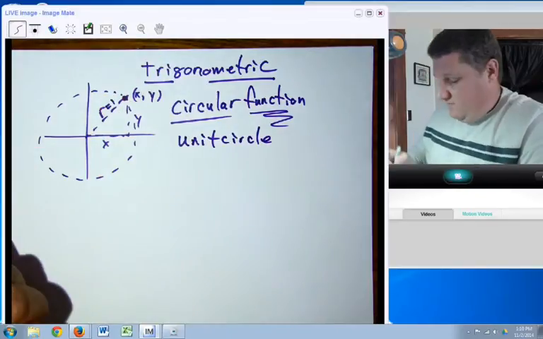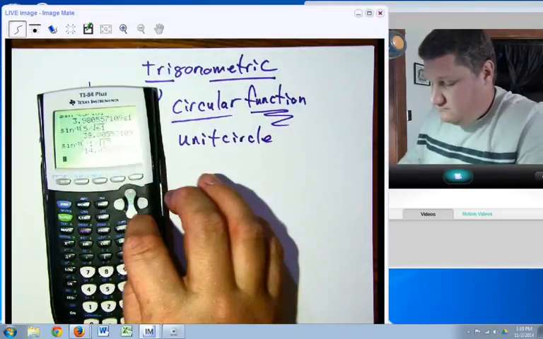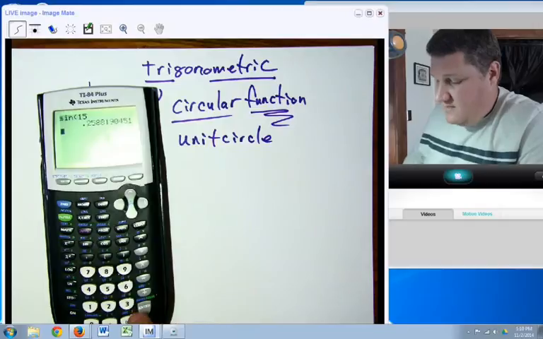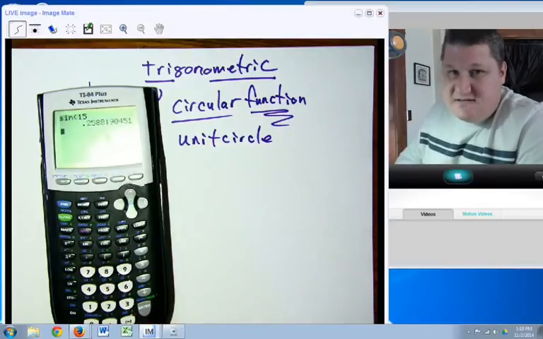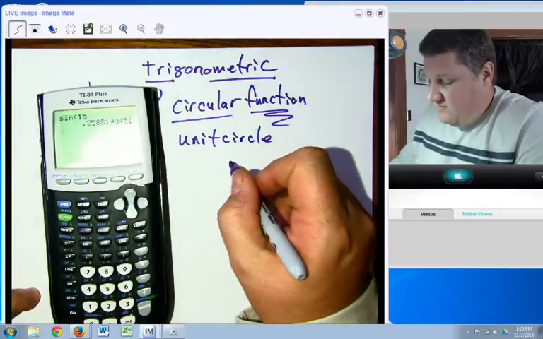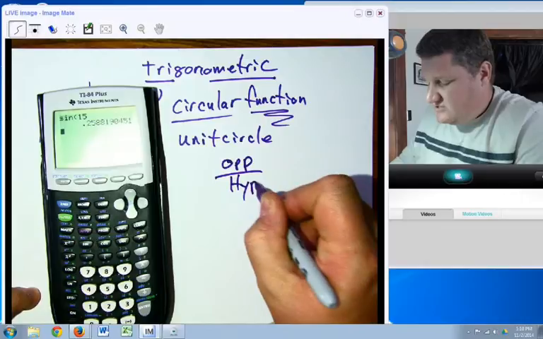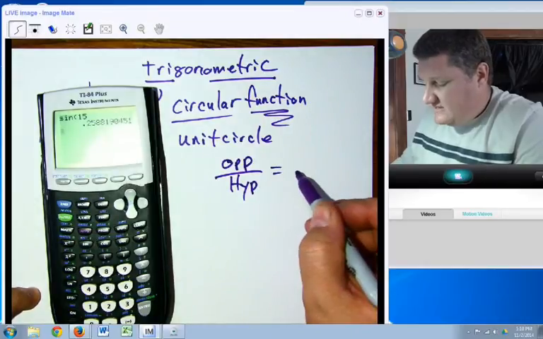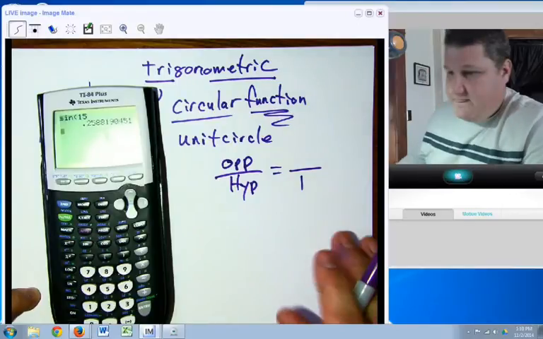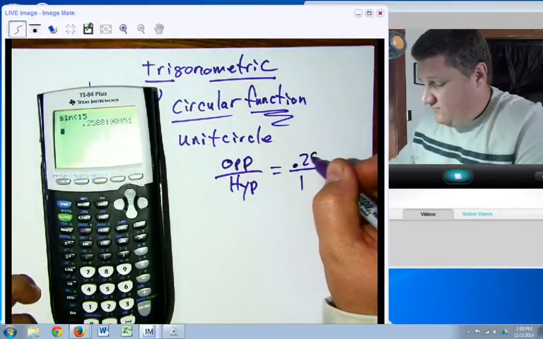And that's why when your calculator spits out sine of 15 degrees, you'll notice it's always a decimal. Because what it's saying is, whatever the opposite side is over the hypotenuse, since the hypotenuse is always equal to 1 in a unit circle, that means that the opposite side has a length of 0.2588.